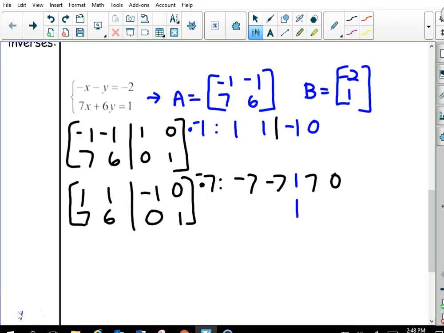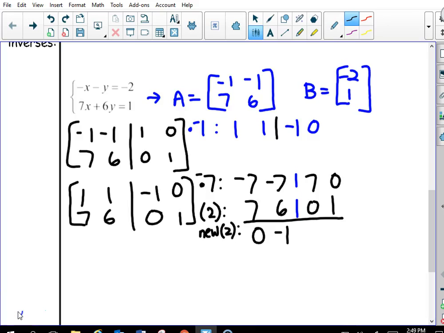And I'm going to just copy over row 2. And my new and improved row 2 is 0, which is what I want, -1, 7, and 1.